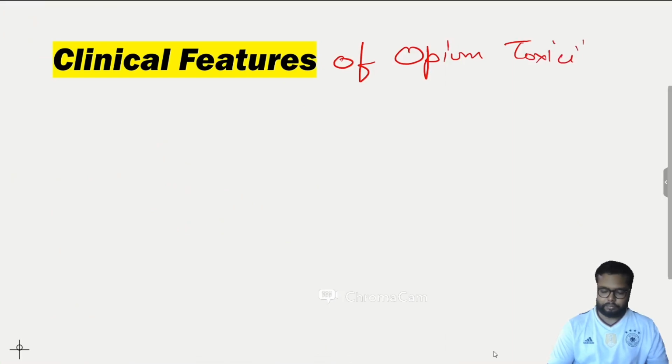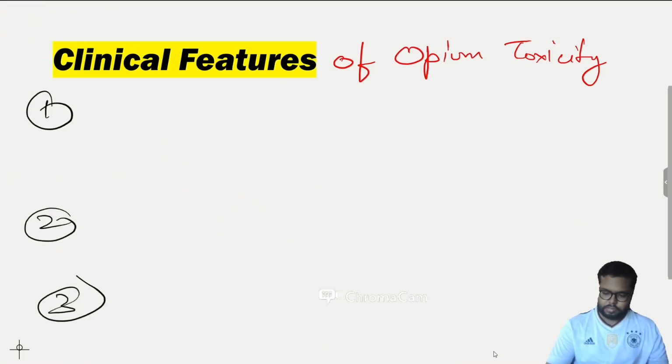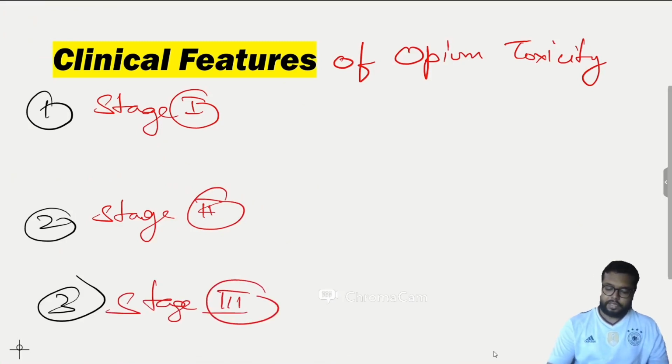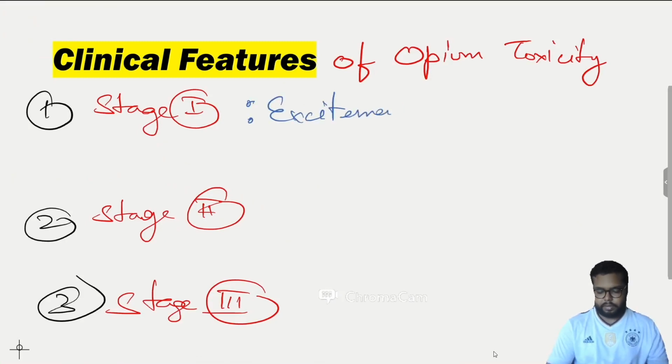Next, coming to the clinical features of opium toxicity. Actually, this opium toxicity has three stages. We have stage 1, stage 2 and stage 3. The first stage is known as the stage of excitement or euphoria.